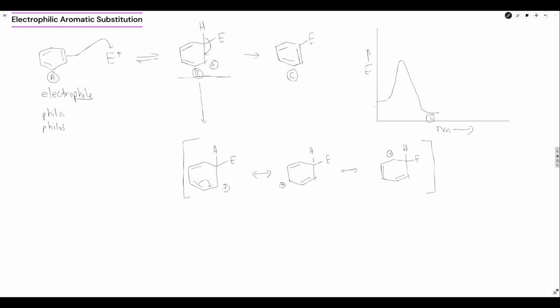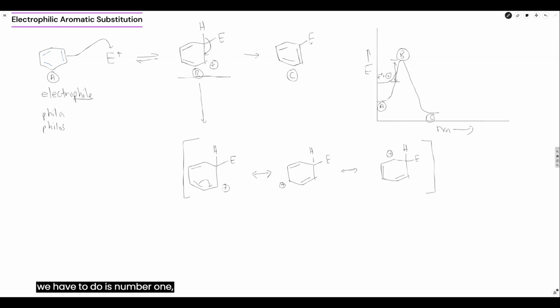So here's C, here's A, and here's B. And it has to go through a high energy intermediate. Now, if the electrophile is very reactive, then if you consider the benzene and the electrophile taken together, we can imagine maybe a higher energy state like this. So the higher the reactivity of the electrophile, the less ground it has to cover in terms of energy here. So a very reactive electrophile is going to help this reaction proceed. But generally, we have to go through a high energy intermediate.